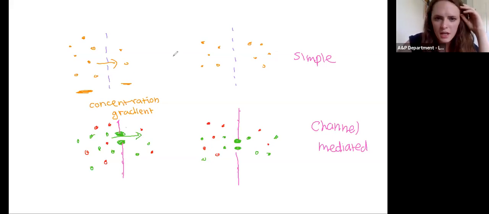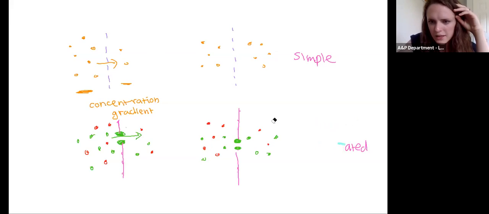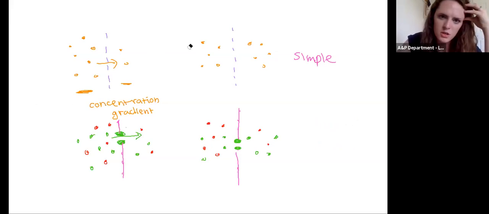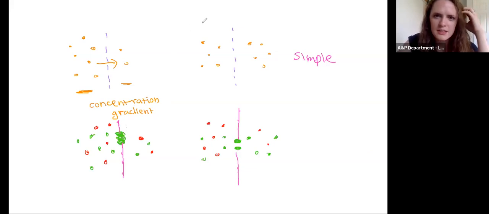Facilitated diffusion is a lot like channel mediated diffusion, but it needs an enzyme to work. So this channel is actually going to remain closed. This channel remains closed until an enzyme comes by, attaches, and opens up that channel.